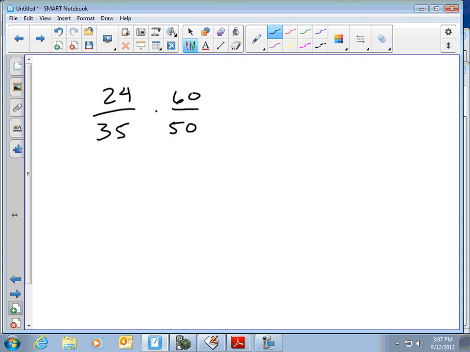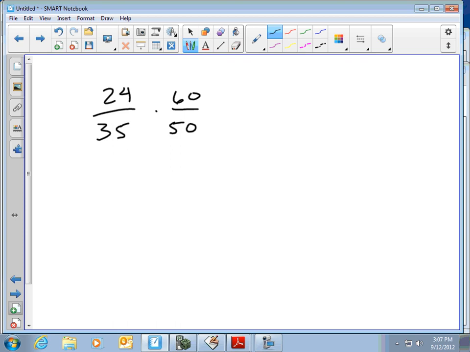When I multiply, I can either multiply straight across and then simplify, or I can simplify diagonally and vertically and then multiply. Right now, if I multiply 24 times 60 and 34 times 50, that would be some very big numbers. I don't want to have to do that.